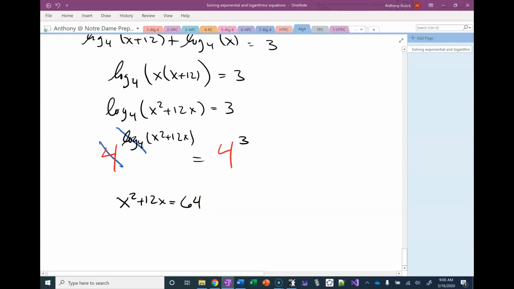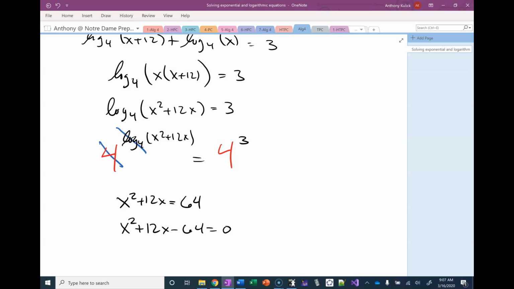And what I'm left with is a quadratic equation. To solve a quadratic equation, it has to first equal 0. So I'm going to subtract 64 from both sides. And now because the leading coefficient is 1, I'm going to try to factor this. You could still use the quadratic formula. That would be fine.